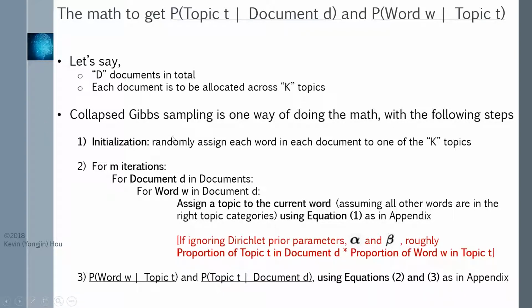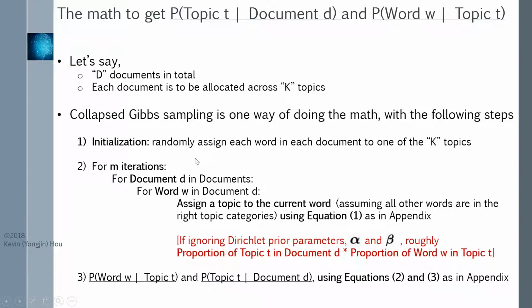Now, this particular method, collapsed Gibbs sampling, is just one way of doing the math, and it has the following steps. The first step is initialization. It doesn't do much. It just goes through every word in all the documents and randomly assigns it to one of the K topic categories, just randomly.